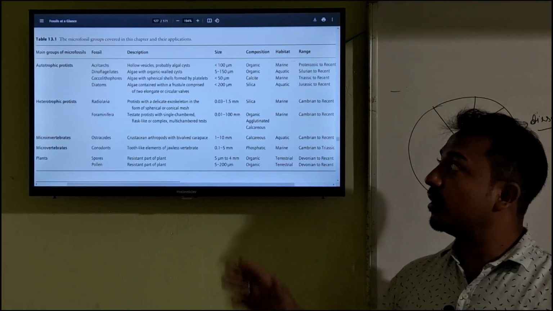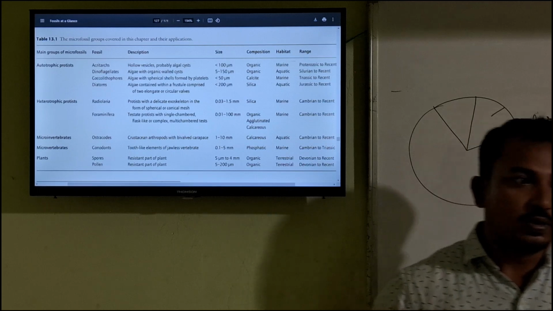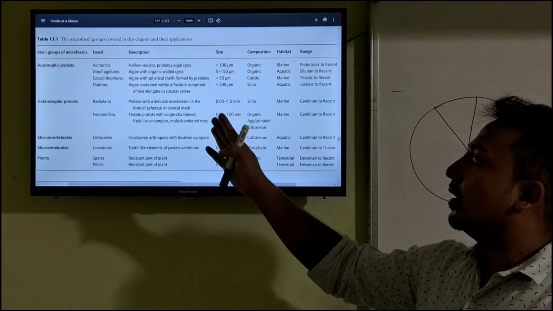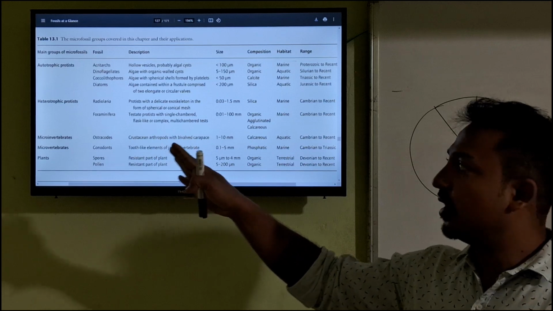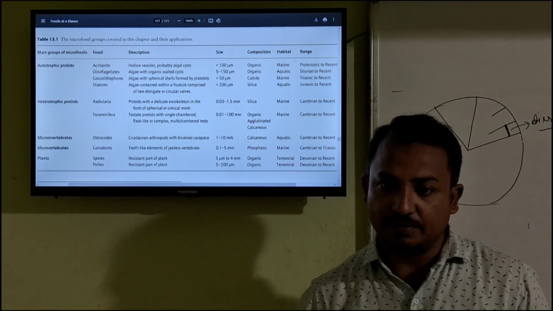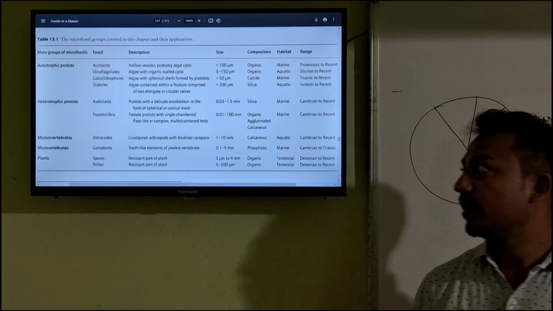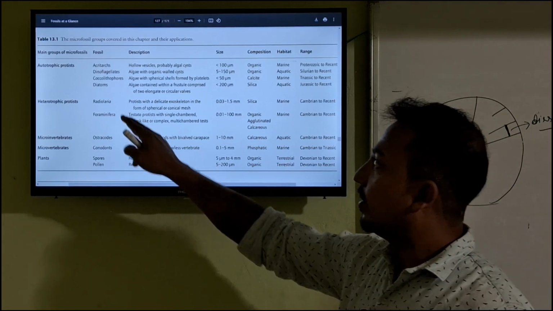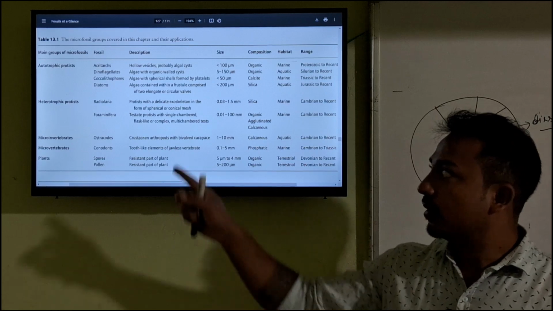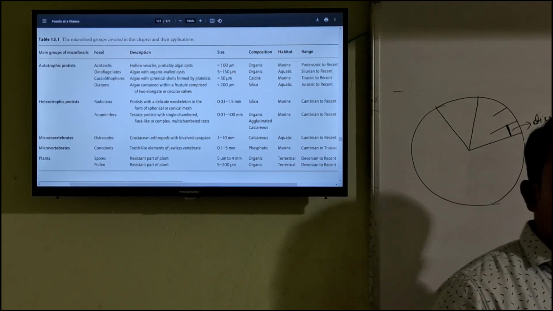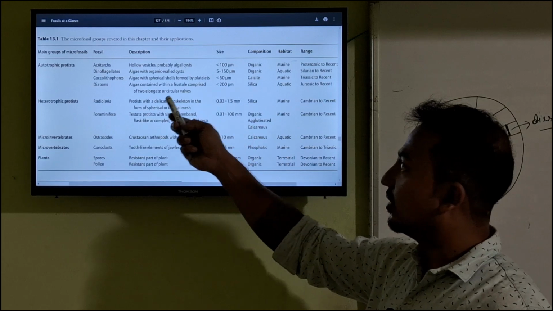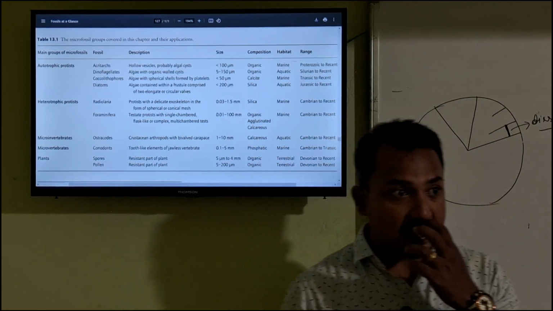So these are some microfossil groups. You just have to remember the name of the fossil, their composition and habitat. Like dinoflagellata, coccolithophore, diatoms: what is the composition of their cell? Dinoflagellata is organic. Coccolithophore consists of calcite.